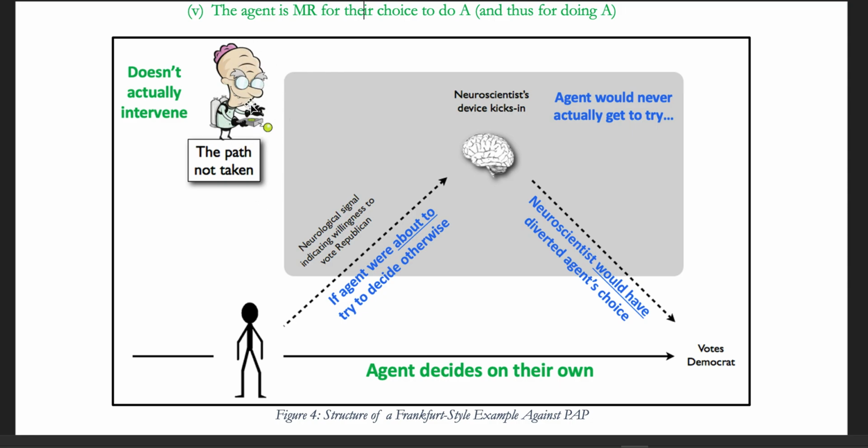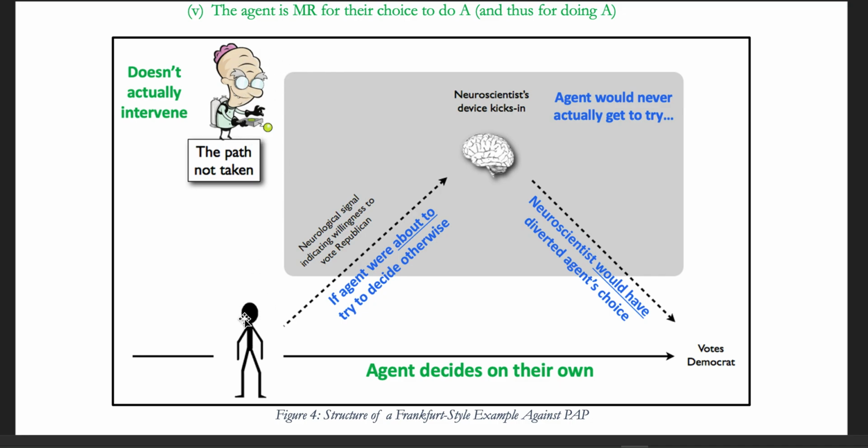The neuroscientist, the counterfactual intervener, is sitting here watching the agent deliberate, and he has some special knowledge and technology, so that if the agent were about to try to decide otherwise, this signal would come up. Maybe they blush right before they decide to do otherwise, or furrow their brow, or maybe there's just a little chip in there that gives them a signal.